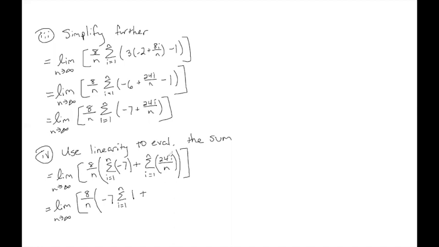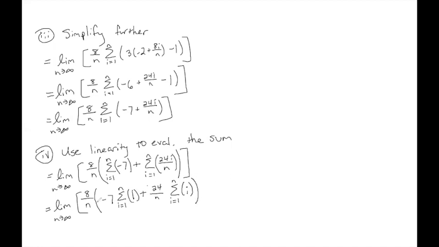And here, 24 over n can be pulled out because, even though there's an n in the bounds, this doesn't have anything to do with n. All this says is that n is the stopping point for I. The only thing that has to stay inside the sum is I. So I pull this out, and I'm left with just an I on the inside.